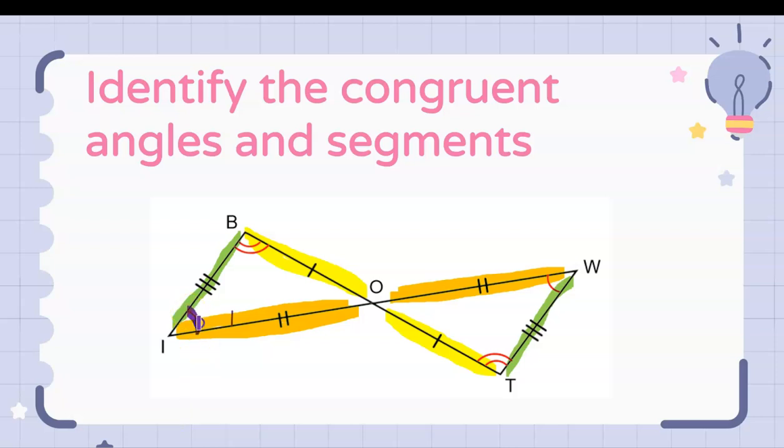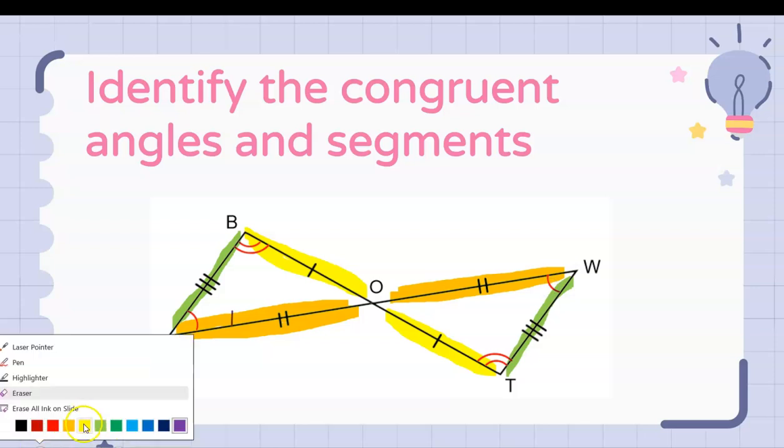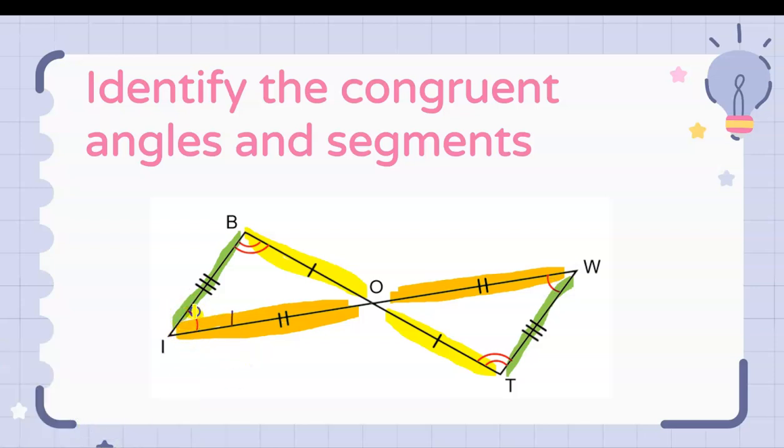So this one has one little curved arc, and so does this angle over here. Sorry, I'm having a hard time making decisions about the color choice, but I want to make sure it's visible. I think I'll go back to yellow. All right, so this one, I'm trying to highlight it in yellow, has only one curved arc, so I know that those two angles are congruent. So if one of them's 50 degrees, the other one has to be 50 degrees.